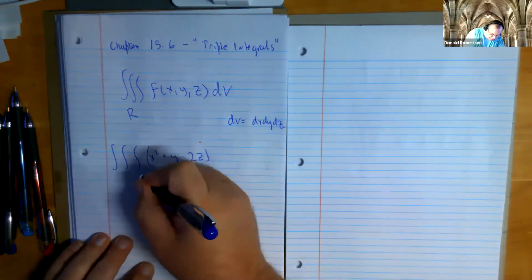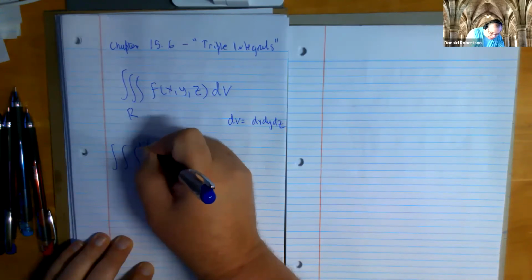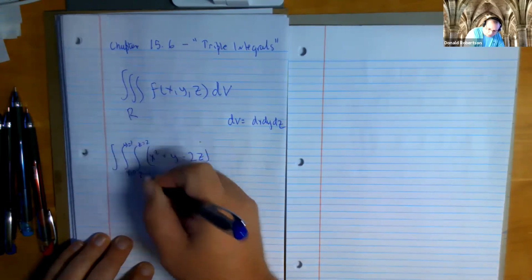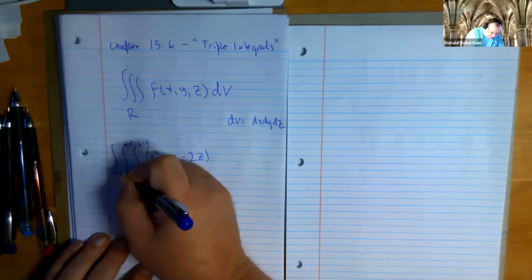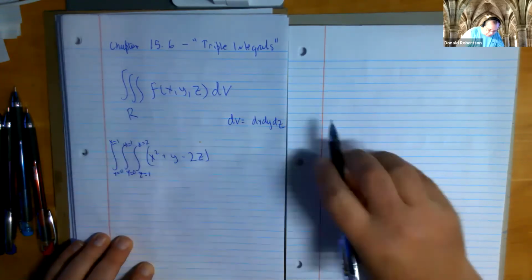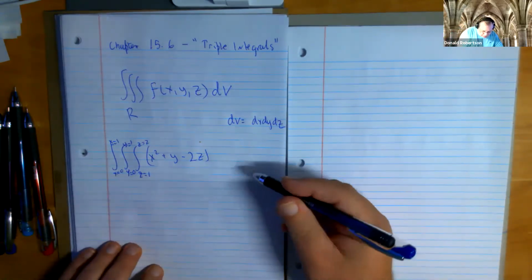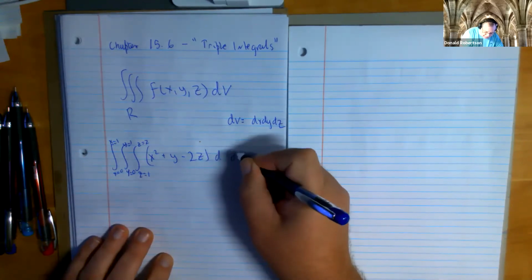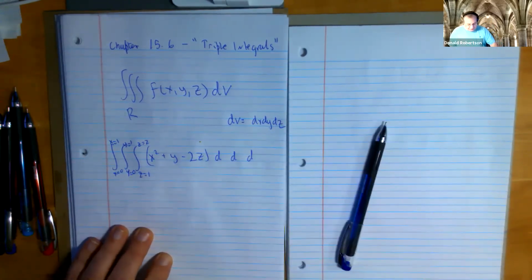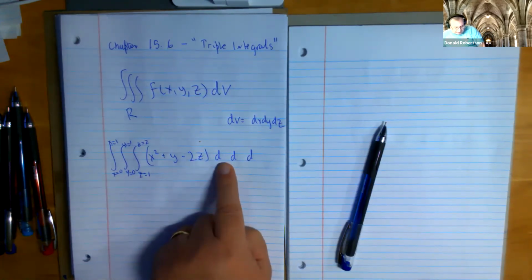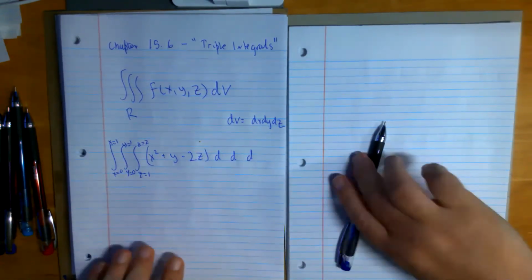And I'm going to do it from z equals 1 to z equals 2, y equals 0 to y equals 1, and x equals 0 to x equals 1. And what will be the order of the variables based on these limits of integration? So who goes first? It'll be dz, dy, dx.